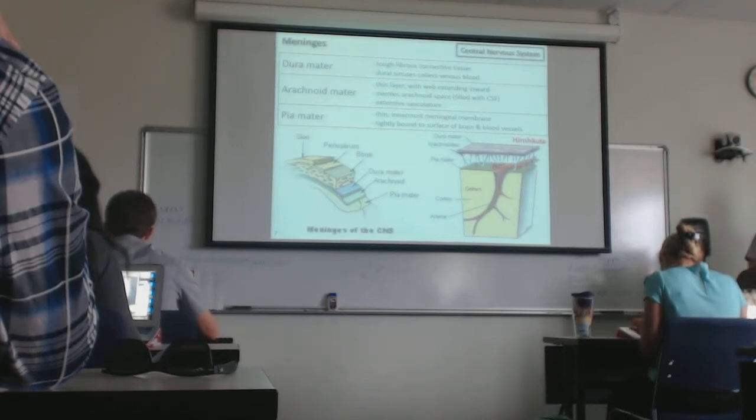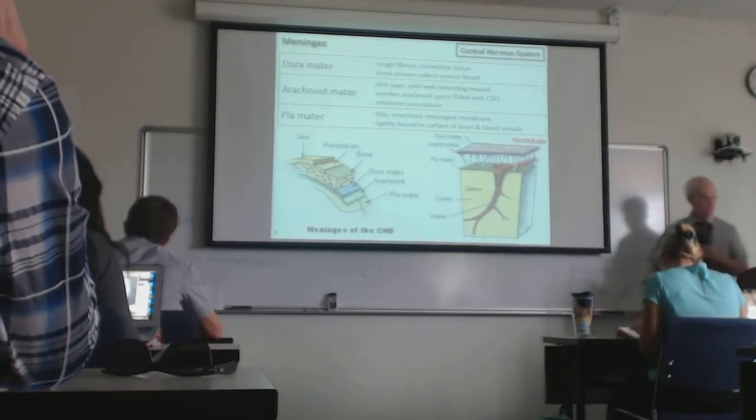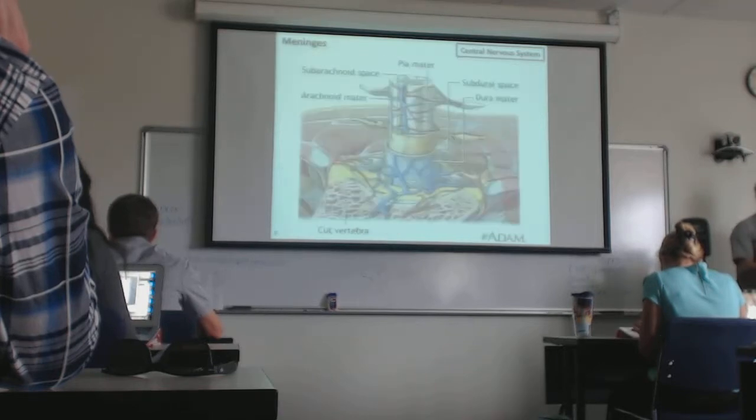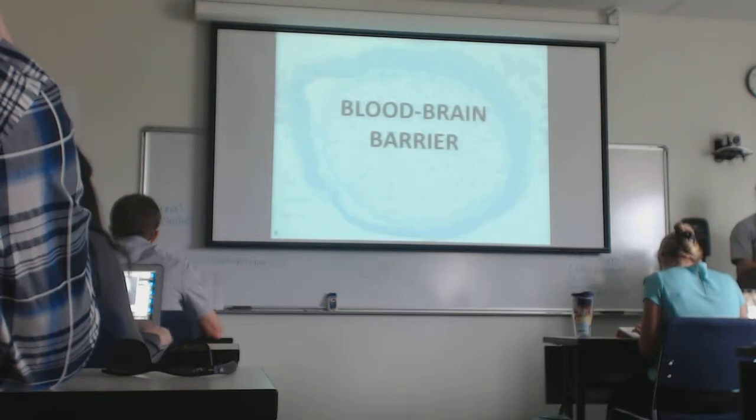You should be able to differentiate, or at least know what we mean by, a meningeal potential space. And the fact that the meninges extend on down to the cord, all through the cord.